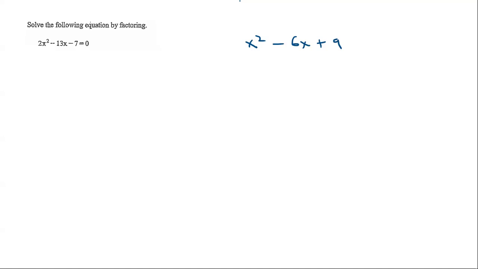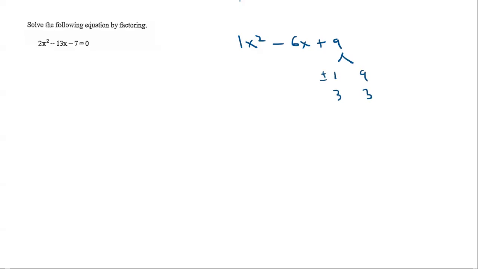Well, the difference is the leading term here is 1. This one has a leading term of 1, and then we can just do straight factoring here. We don't have to use the slide method because we just need to find factors of 9 that will give us minus 6. So that will be either 1 and 9, or 3 and 3.